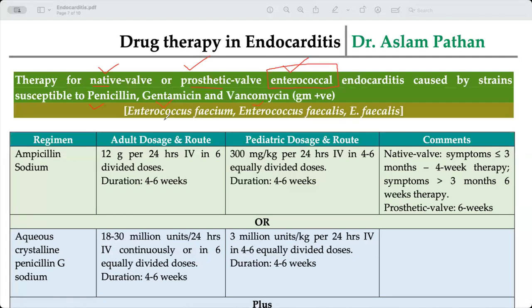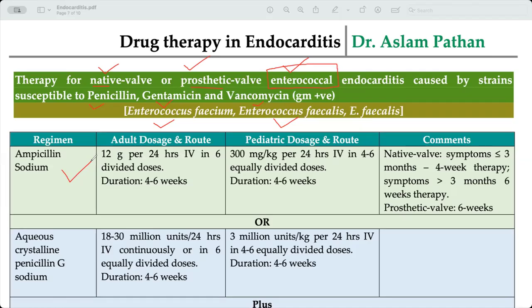The bacteria are Enterococcus faecium and Enterococcus faecalis. The first choice for the treatment of Enterococcus is always ampicillin sodium, the most commonly used and most significant drug for Enterococcus.